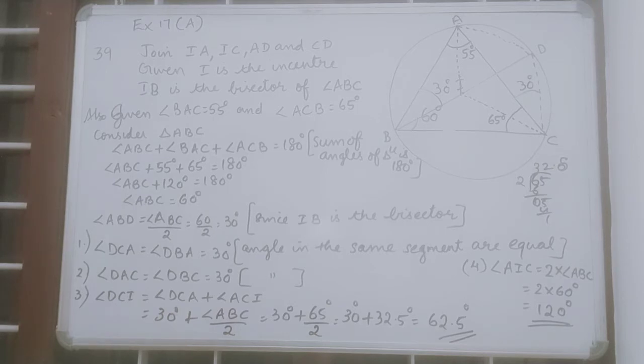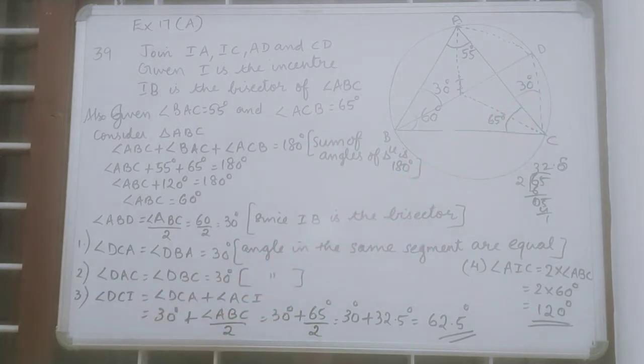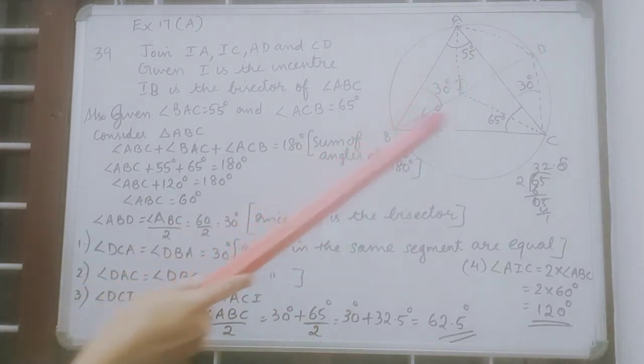Then the second part is we want to find angle DAC. So what about DBC?